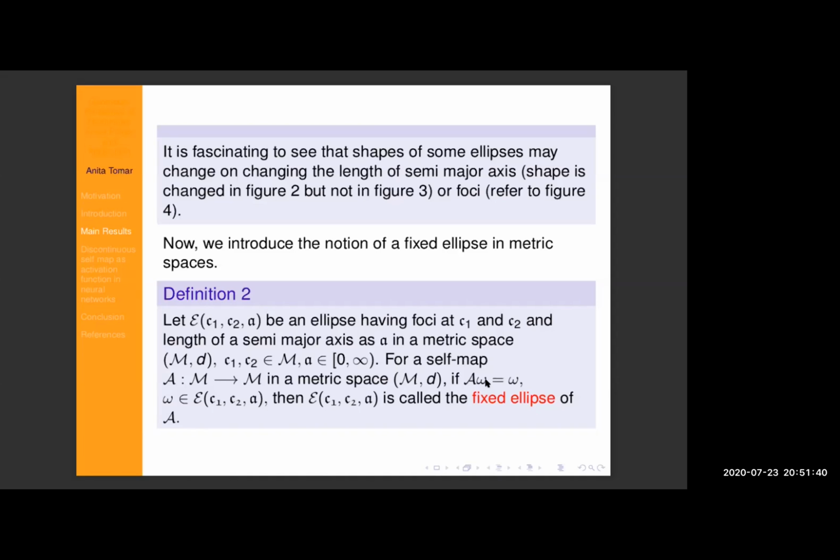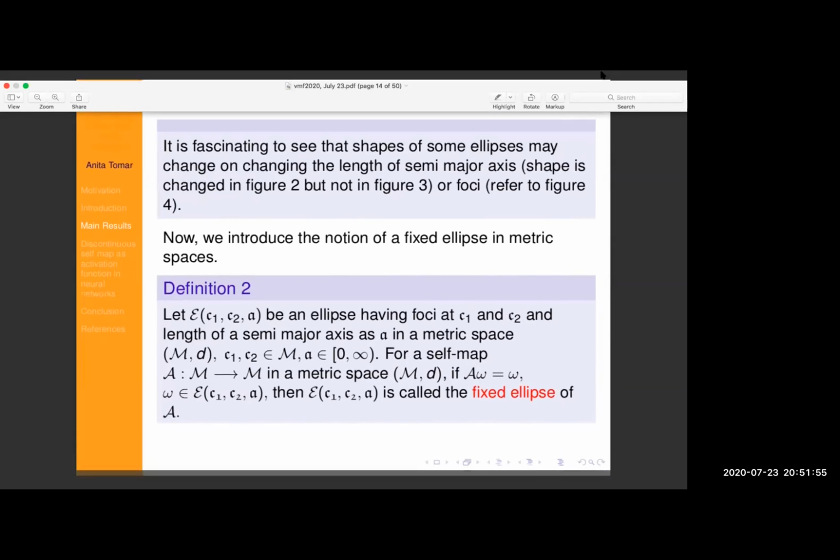That is, if AW equals W, every point on the ellipse is a fixed point, then this ellipse is called the fixed ellipse.